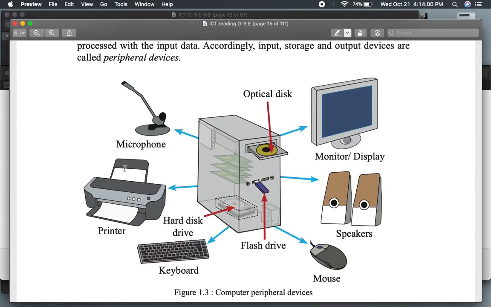So we have an image here, titled Figure 1.3 Computer Peripheral Devices. We have a tower, an optical disc, a flash drive, a hard disk, and arrows going outward from the tower to the monitor display, speakers, mouse, keyboard, printer, microphone.